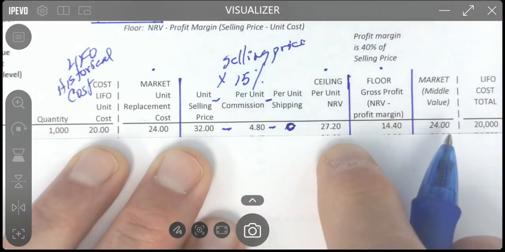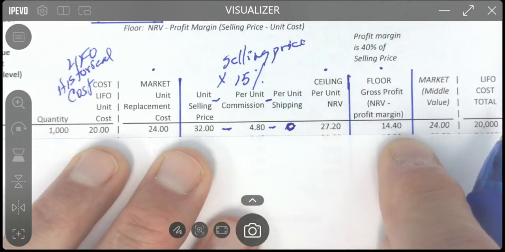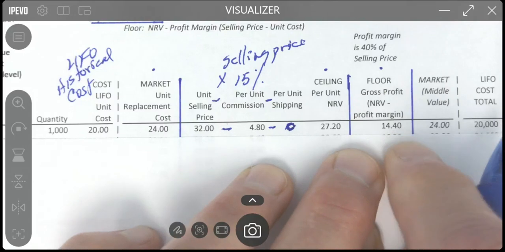And so that ceiling becomes 27.20. The floor is 14.40.